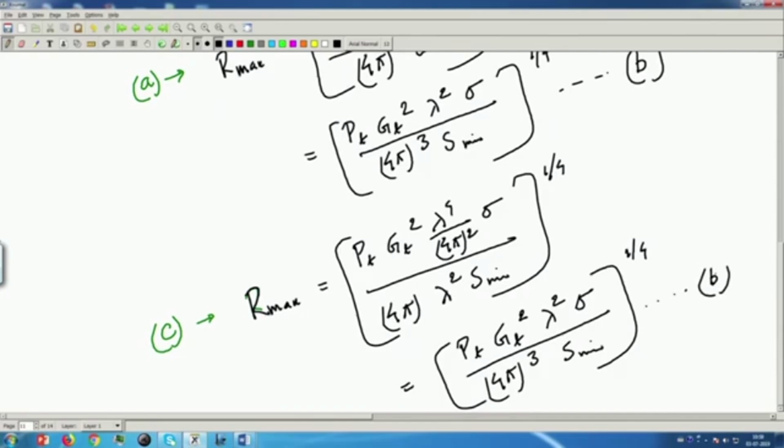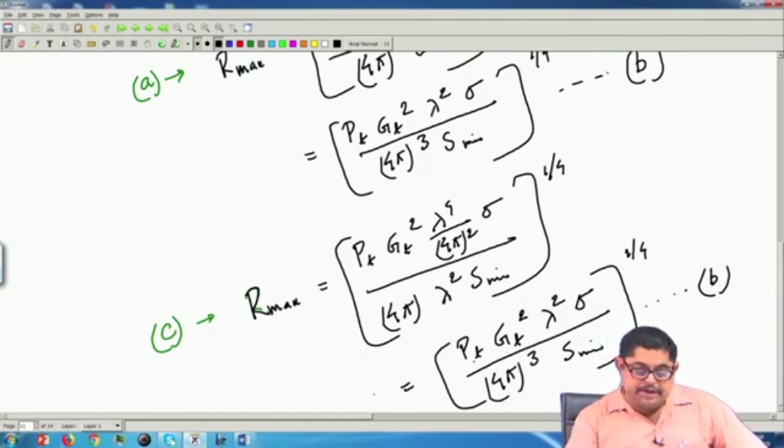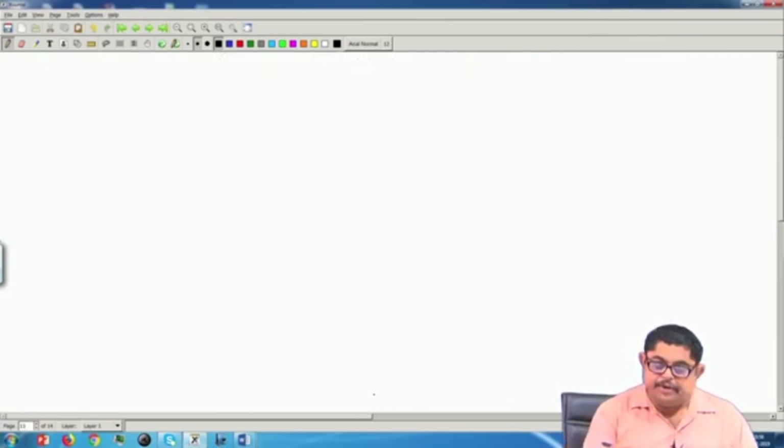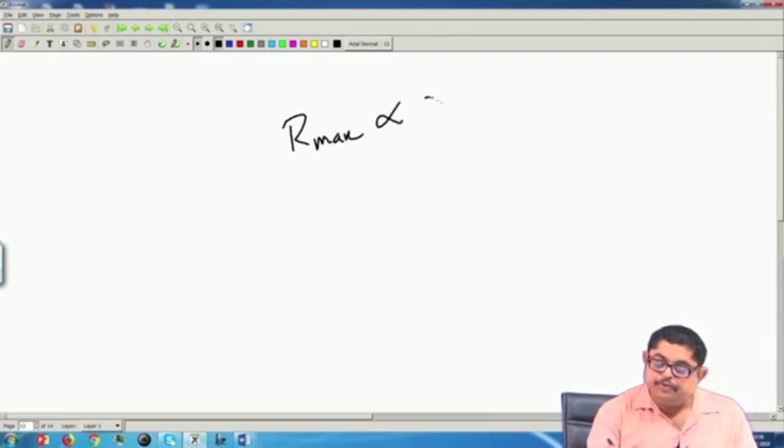So, equation B is the one where you see PT doesn't have any lambda dependence, and GT also, once an antenna is there, doesn't have any dependence. So, basically we can say that all equations are the same, and R max varies with lambda to the power half.